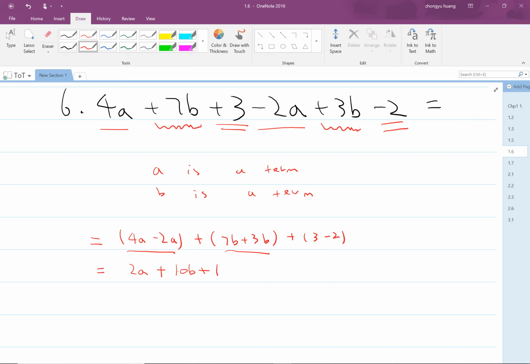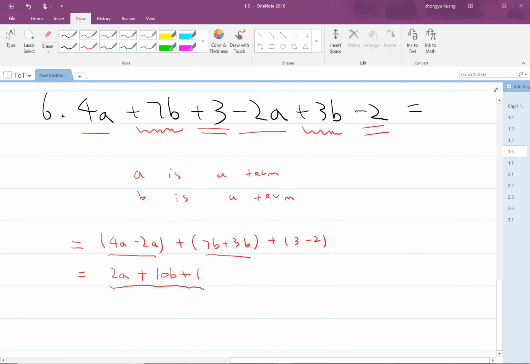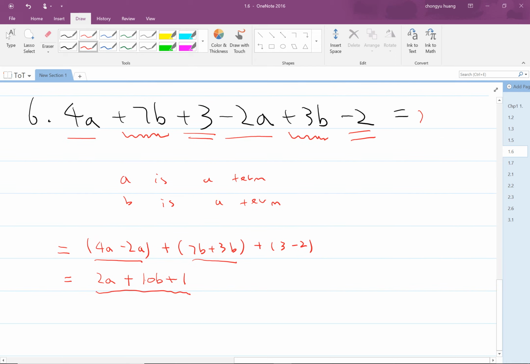So the solution for this question is actually 2a plus 10b and then plus 1. So did you get the right answer? Hopefully it's yes. Okay.